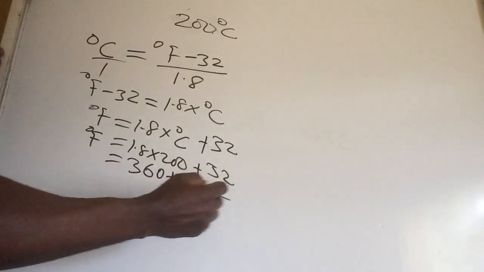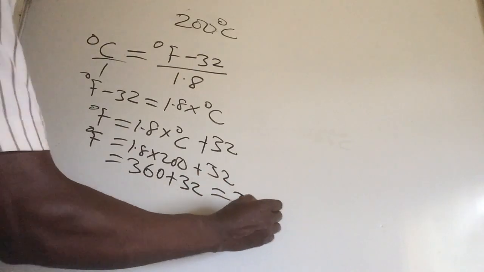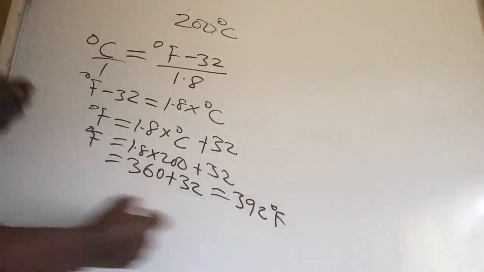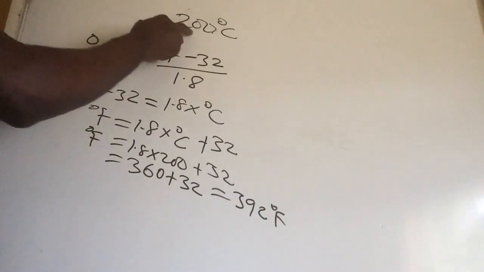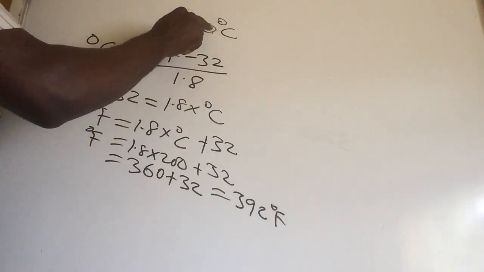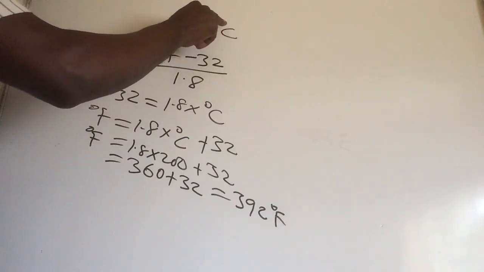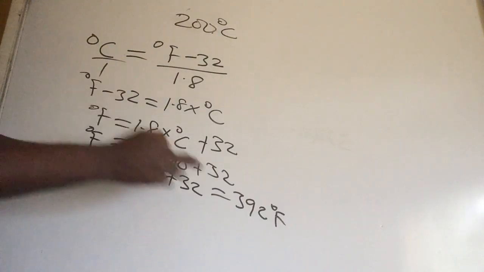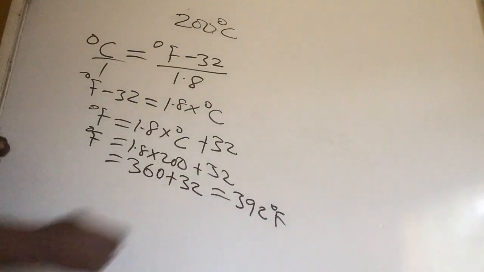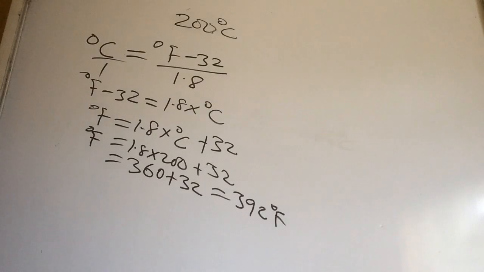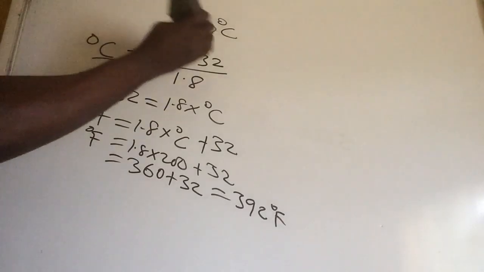When you add 32 to 360, we have 392 degrees Fahrenheit. So the temperature in Celsius is converted to Fahrenheit, and the value becomes 392. So now we move to another one.